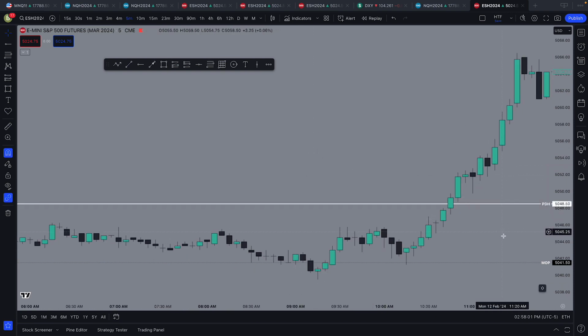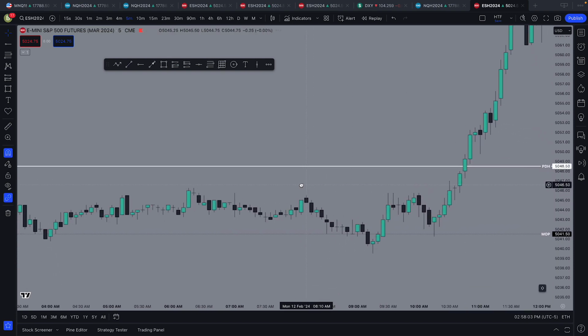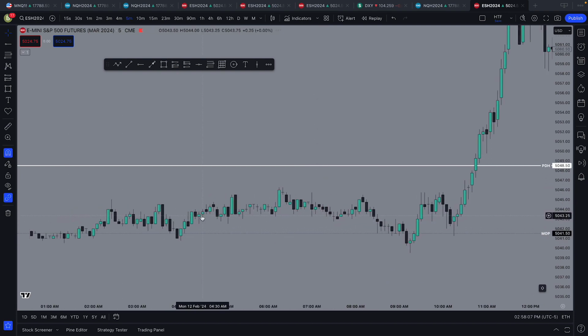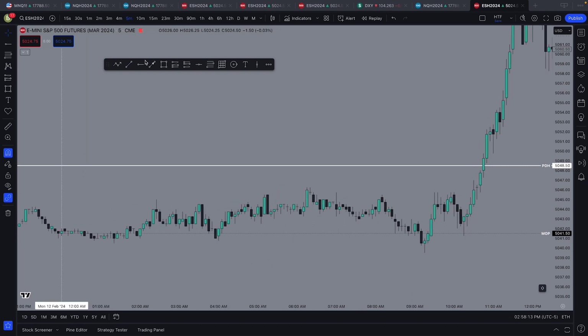So we have PDH here. We have our overnight accumulation, which is ideal for this model that I use. And then I'm going to mark out the London highs and lows, or just overnight highs and lows.